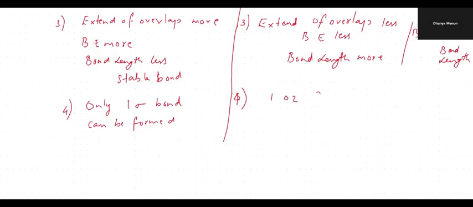One or two pi bonds can be formed. For example, if I have a triple bond, only one sigma bond is formed. The rest of them are pi bonds, right? The rest of it is the pi bonds.